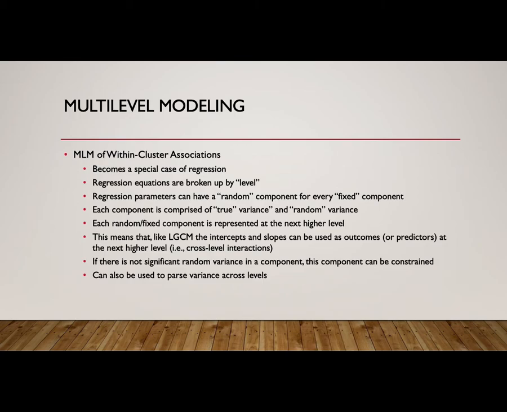So the parameters have both a random component and a fixed component. The fixed component is the mean effect across all people, and the random component is the extent to which that mean effect varies based on individual differences in person mean effects, right? Because each person has their own mean effect, and to be honest, if you do a 3-level model, then you have mean effects nested within mean effects.